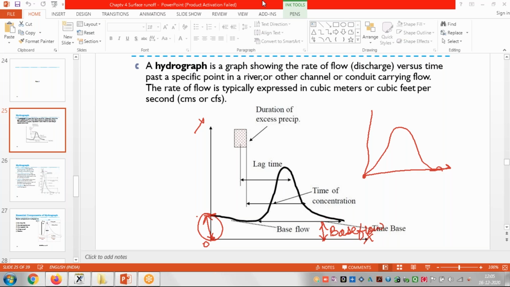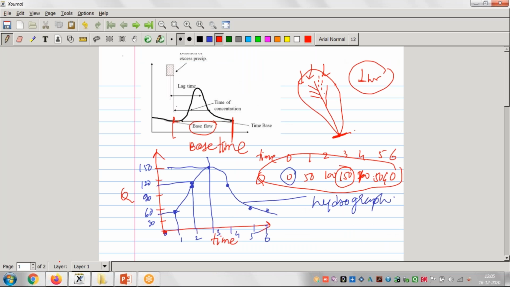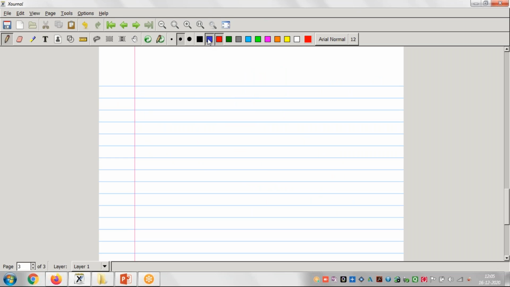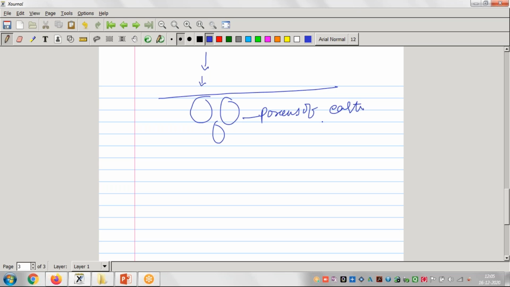Now again I have to come to our starting part which we had discussed. See here, we know that this is our surface and the rainfall occurs. What happens once the pores of the earth surface become filled with water, right?